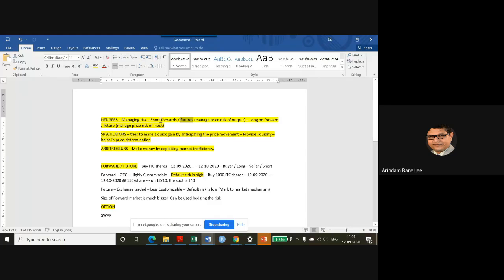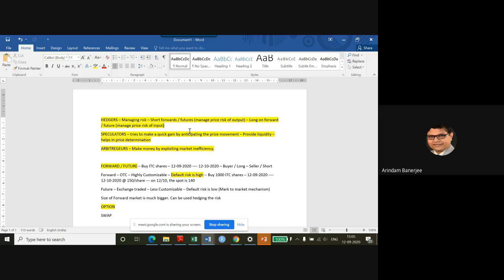But if it is a forward, then the farmer and the company Nestle can sit across a table and decide the specification of the contract, like the date of delivery, the price to be paid or received, the quality specification of the wheat to be delivered, the point of delivery, in which city or place the delivery will be made, and how the payments are to be made or received.